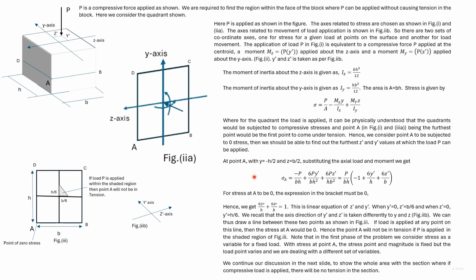One would note that the situation here has changed. Now y and z at the point A is fixed, so they are no longer variables. The stress at A is known, so this is also fixed.